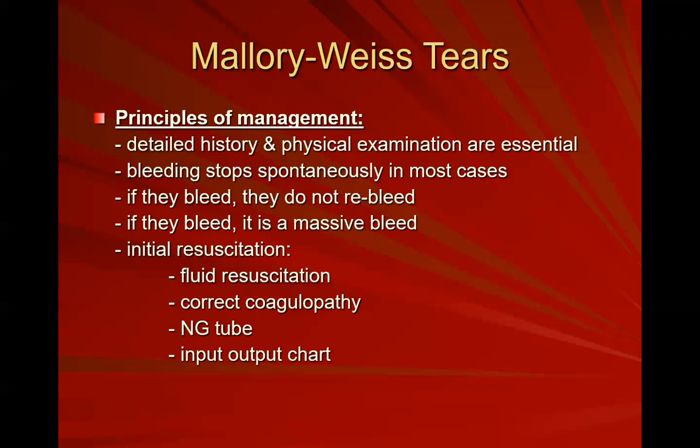So we have to measure the intake of the fluids of the patients and the output, which is the urine production. So this would also give you another clue about the hypovolemia and the amount of bleeding the patient is having, because with less output production, there would be hypovolemia.